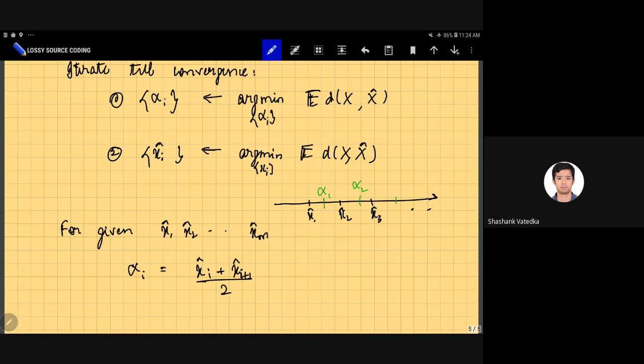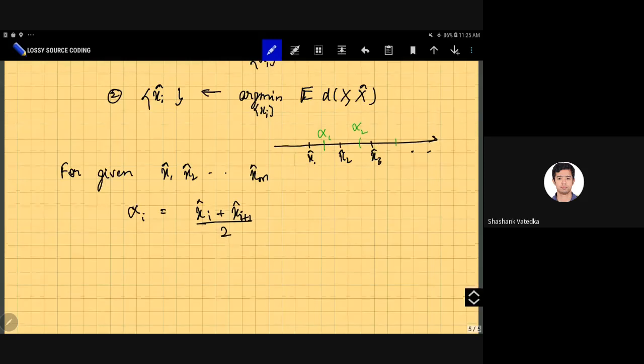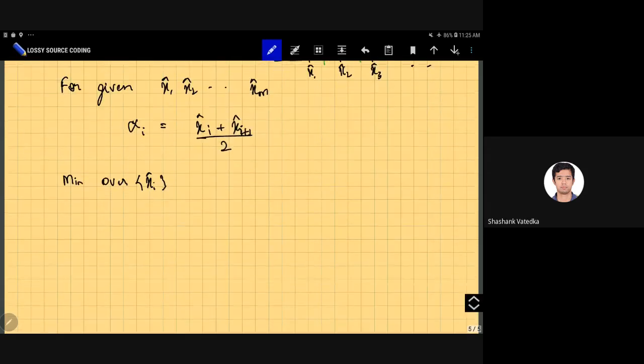For this particular choice of alpha i, which can be computed very easily, we're now going to minimize over all possible xi hat. What is the mean squared error for a given choice of alpha i's and x hats?